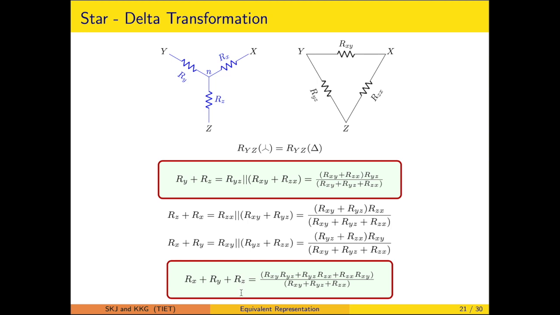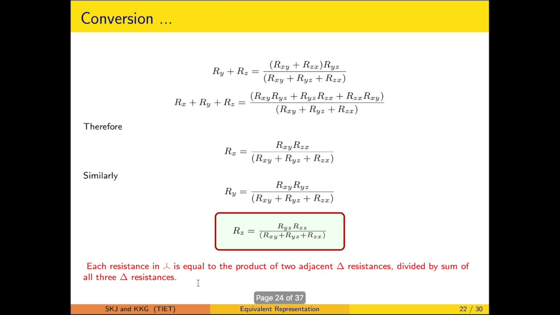Now the next step is to express the star resistances in terms of the delta parameters. From this fourth equation, if I subtract the first equation, we will end up with the expression of Rx, so that particular is done.